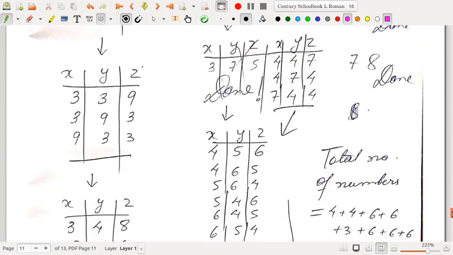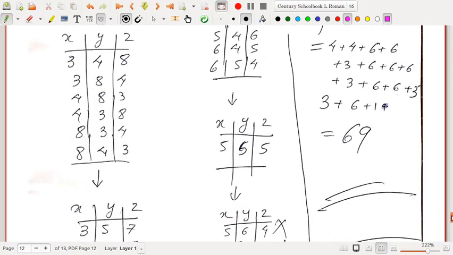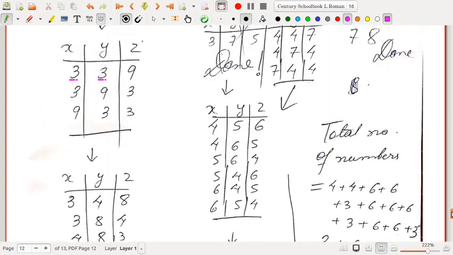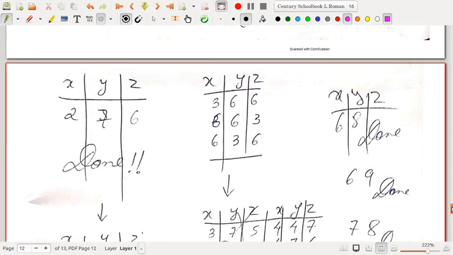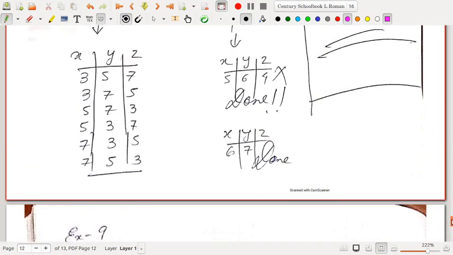Similarly, you start with 3. Note that once you start with 3, the second one cannot be 2, because the case for 2 is already considered. So with 3 in the first place, the second place will be at least 3. The second place can be 4 also, and 5 also. So these are the possibilities that we have distilled. Then 3, 6 and 3, 7 are done already here.